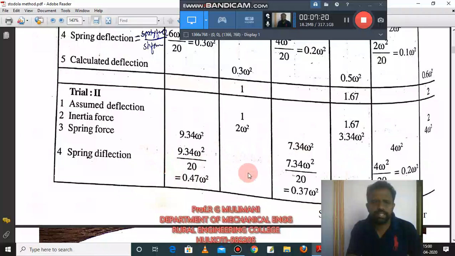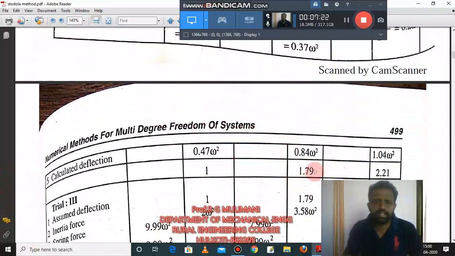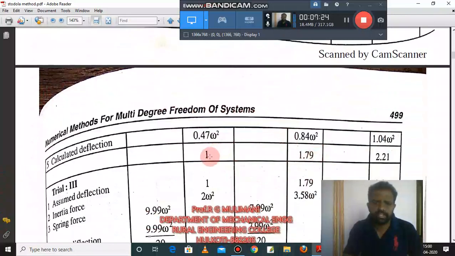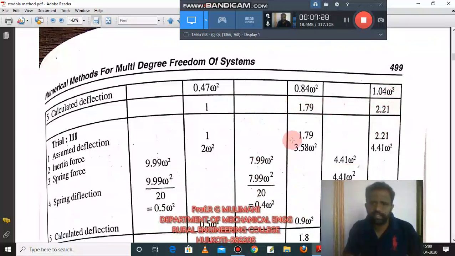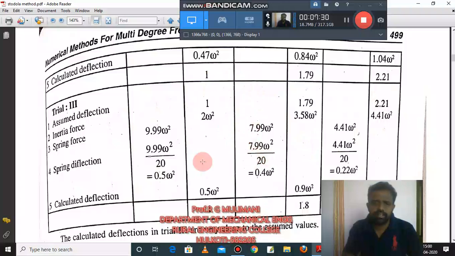You just repeat the procedure. So the new deflections are 1, 1.79 and 2.2. For these values we repeat again. You have to repeat until you get two results which are close to each other.